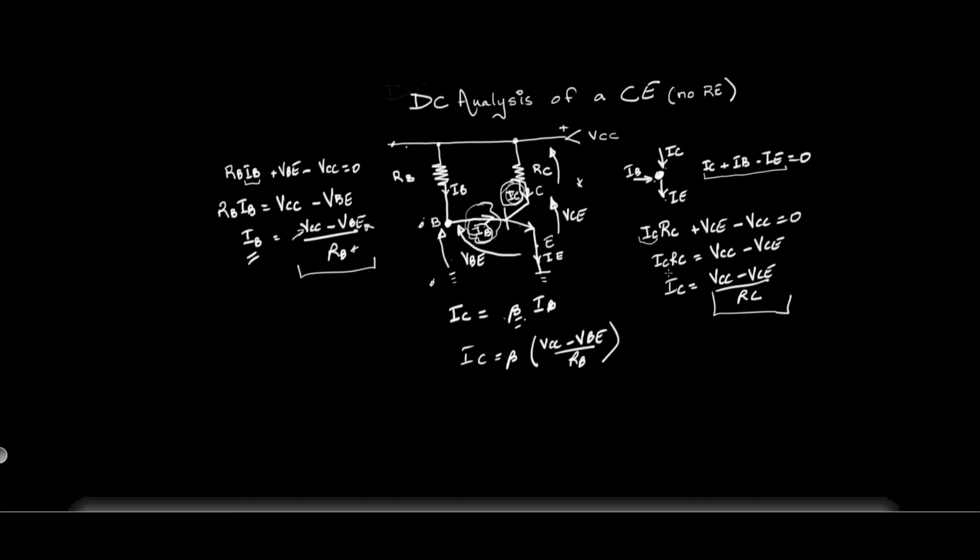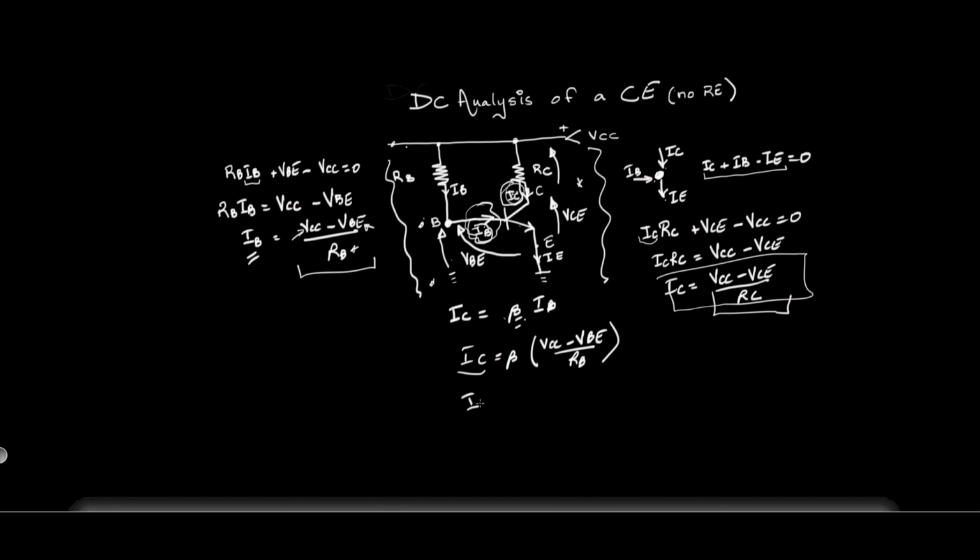So we have an IC equation here based on this side of the circuit, but we can also find IC based on this side of the circuit. Can we do something with IB? Oh, yeah, sure.